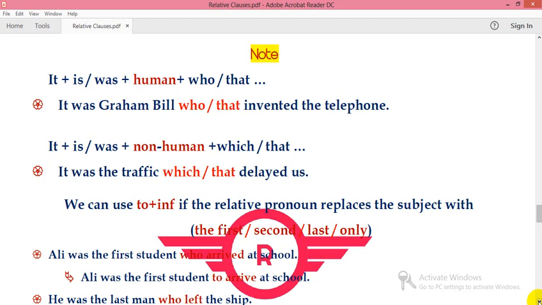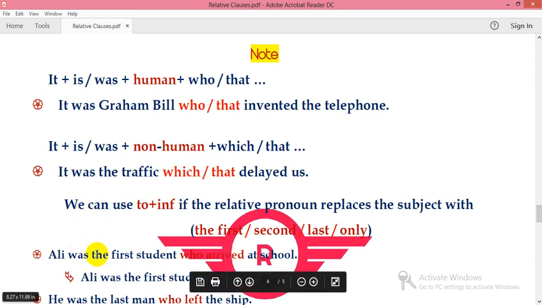Well, if I have a subject with the first, second, last or only, what do we do? We can use to plus infinitive if the relative pronoun replaces the subject with the first, second, last or only. Let's look at the examples together.